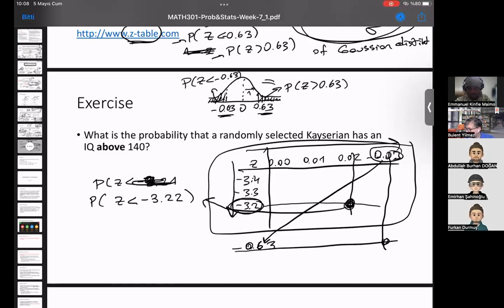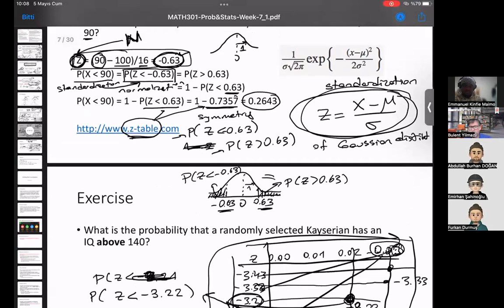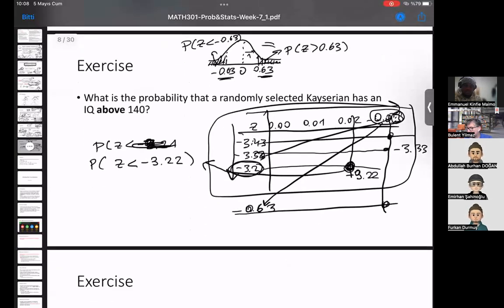This is minus 3.22. This is minus 3.33. This 3 comes next to this 3, and here is the number you are going to find. If you check this at home, once we finish the session, you may check this Z table on your own. So let's go to this question.